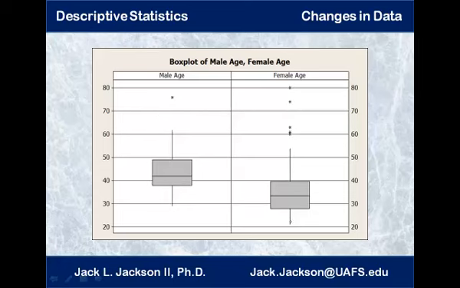So in general, but overall, counting outliers and everything, the female best actresses are more spread out, more variable than the best male actors. So it looks like there's definitely a bias in the Academy there of awarding older males versus younger females.